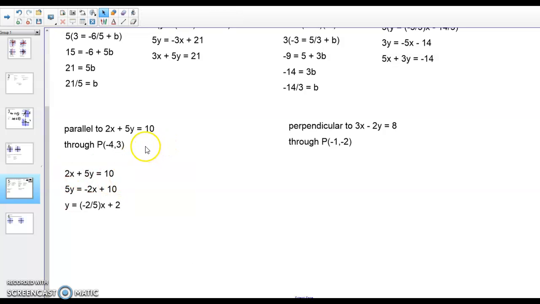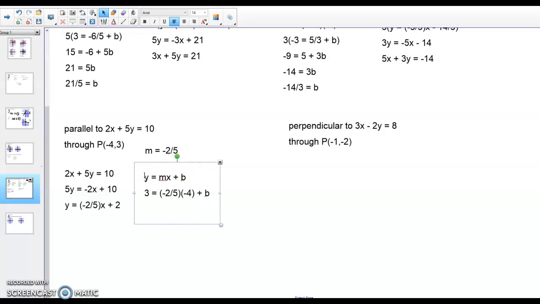So now I'm given a slope, which is negative 2/5, and I have a point. So it's the same thing I did right above now. So y equals mx plus b. I'm going to put in 3 for my y, negative 2/5 times negative 4 plus b, and we're solving for b.